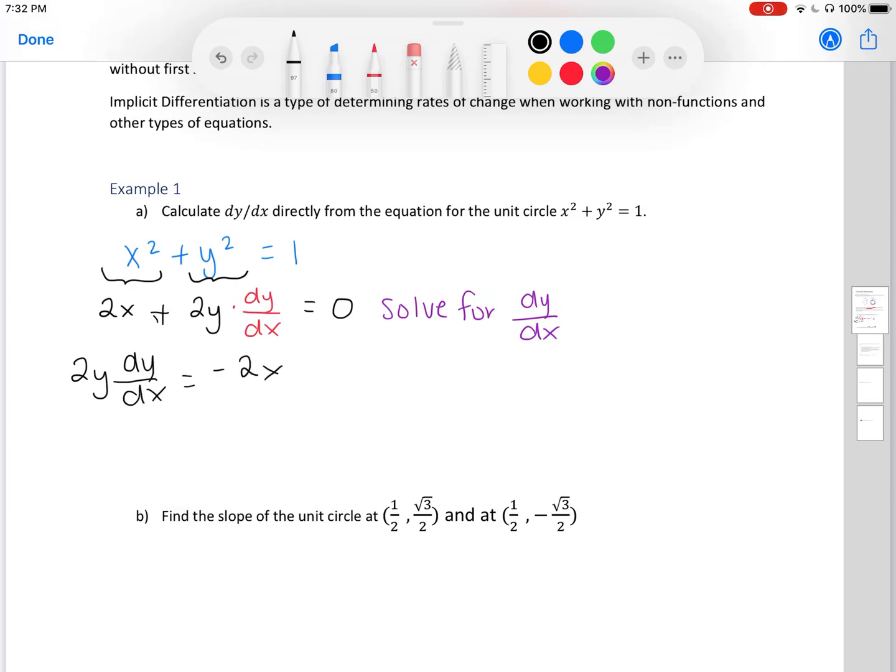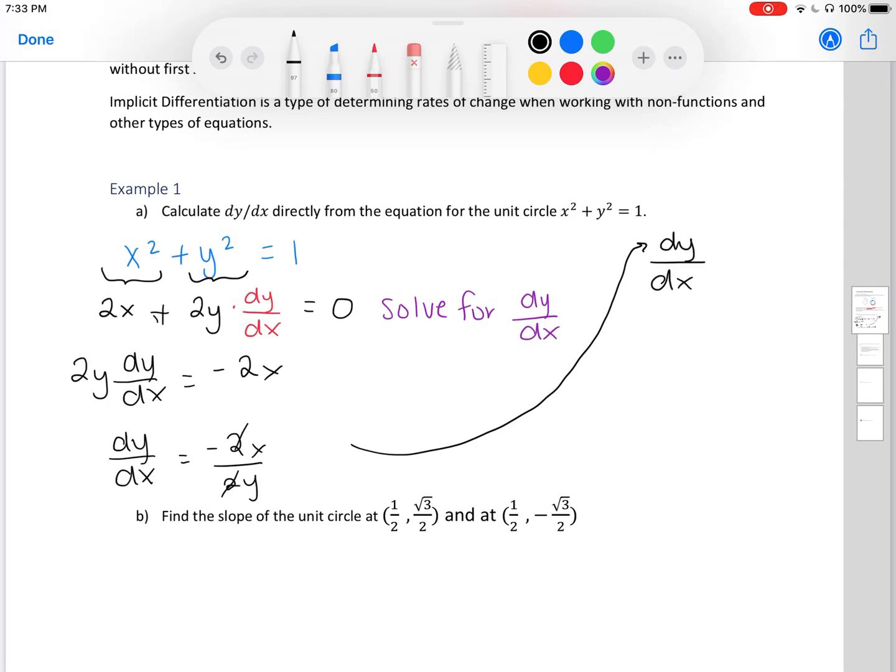We divide both sides by 2y. We have dy/dx equals negative 2x divided by 2y. My 2's divide out, so that we're left with dy/dx equal to negative x divided by y. And that is our derivative.